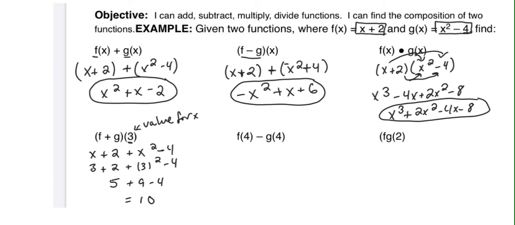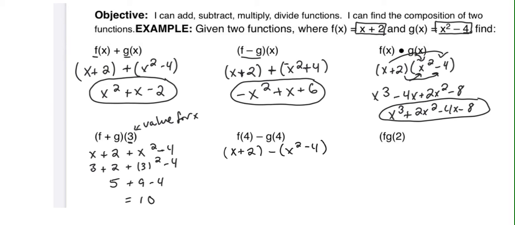Let's look at the next one. We have f of 4 minus g of 4. So x plus 2 minus x squared minus 4.